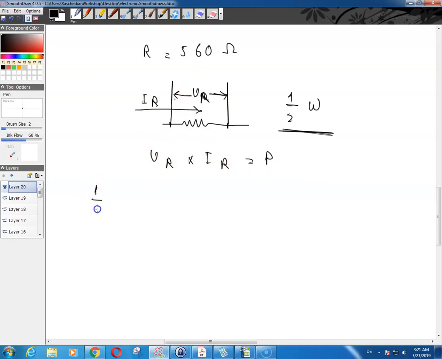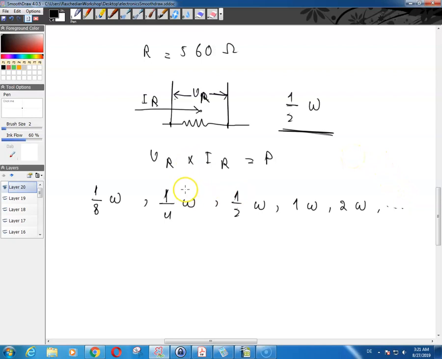There are 1/8 watt resistors, 1/4 watt resistors, 1/2 watt resistors, 1 watt resistors, 2 watt resistors, there are even, I don't know, 10 watt resistors, and so on and so forth.